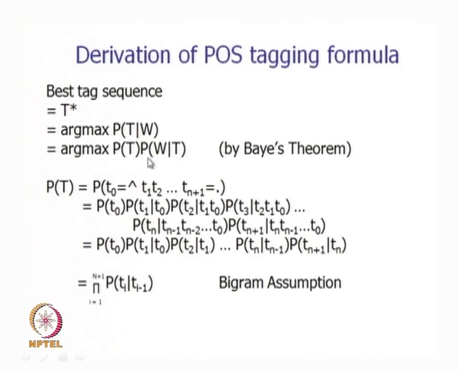So, we have applied Bayes theorem, the first fundamental operation, and the second fundamental operation is this chain rule, which is P T 0 into P T 1 given T 0, P T 2 given T 1 T 0, P T 3 given T 2 T 1 T 0 and so on, until we meet our last expression, which is P T n plus 1 given T n, T n minus 1 up to T 0.